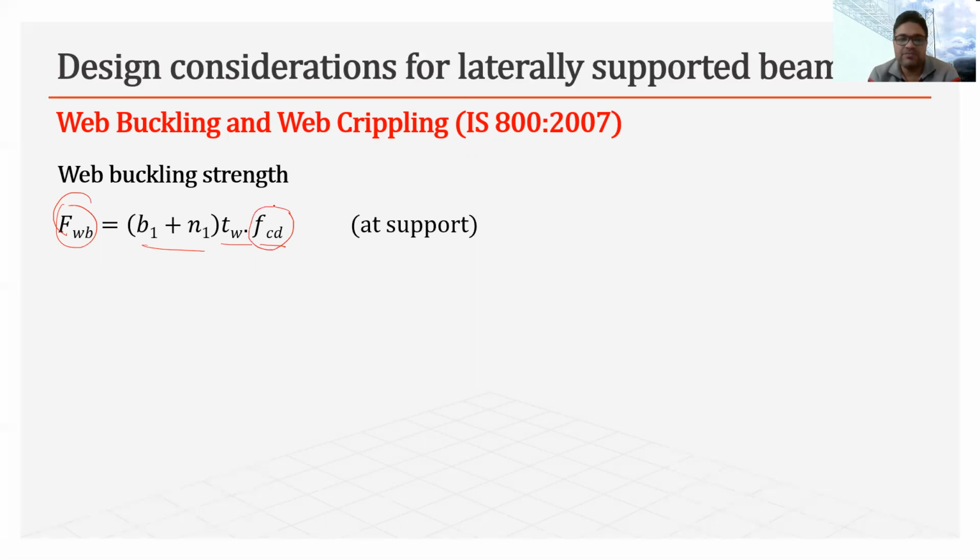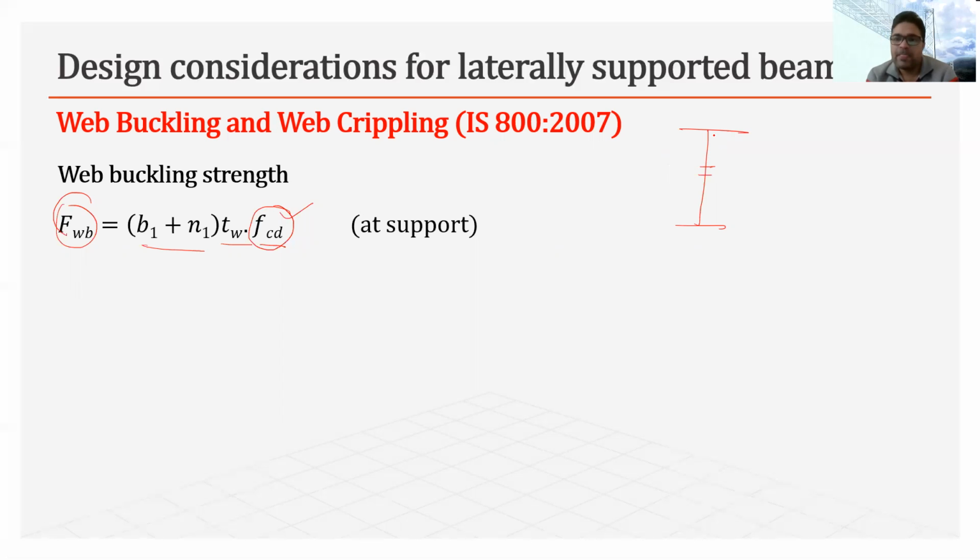This FCD is the same as we have used in the design of compression members. Why are we using this FCD? Because this beam web is acting as a compression member. As I said, this small web can be considered as a strut, and struts are compression members.